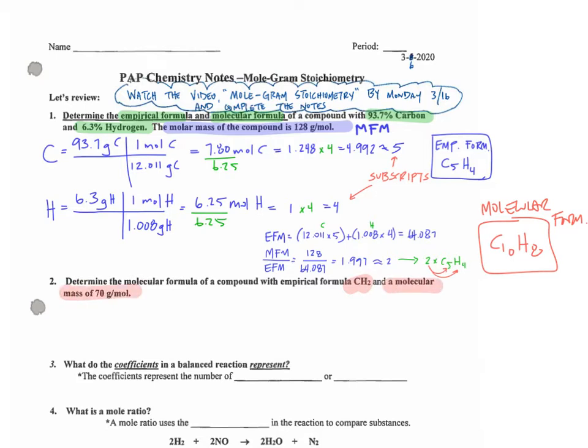So I want to figure out the molecular formula based off of the empirical formula that's given to me. Okay? So the first thing I need to do is determine the empirical formula mass. So the empirical formula mass is equal to, so I've got CH2, so that's 1 carbon, so 12.011.